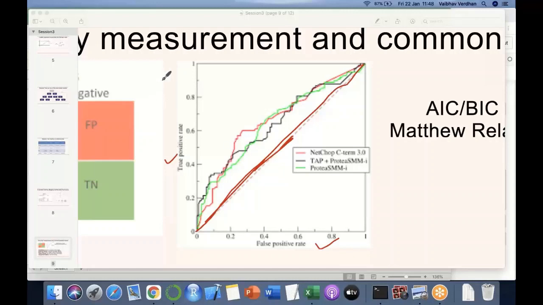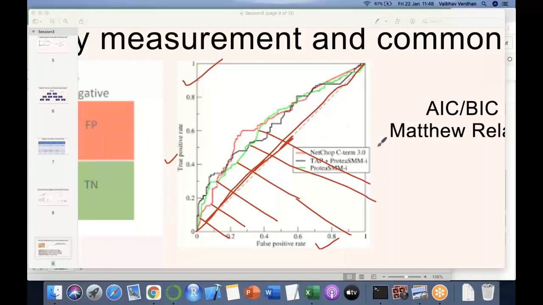This is called the ROC curve, a receiver operating characteristics curve. From each of these algorithms, we get an AUC value, area under curve value. Whichever algorithm gives us the best area under curve is the best algorithm for us.